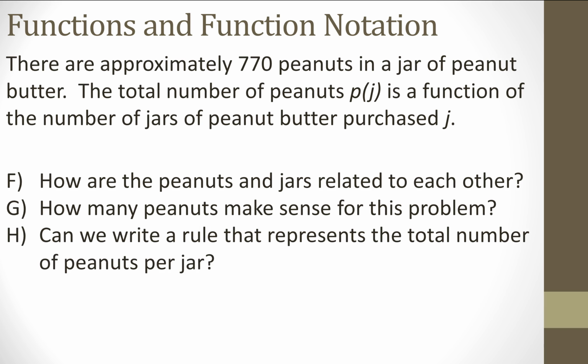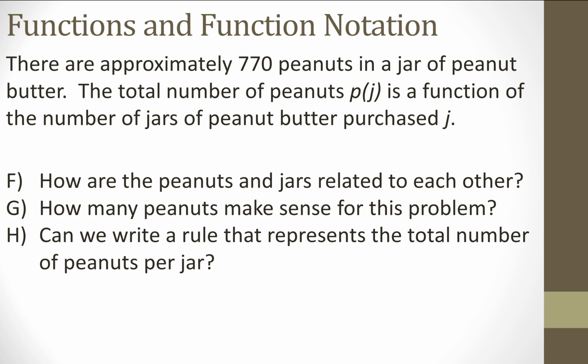So how can we write a rule that represents the total number of peanuts per jar? Okay, so now we're building that function. If there's one jar, there's 770 peanuts. If there are 2 jars, there are 1,540 peanuts, and I multiplied 770 times 2. So what you should be thinking about is what number stays the same and what number is changing.